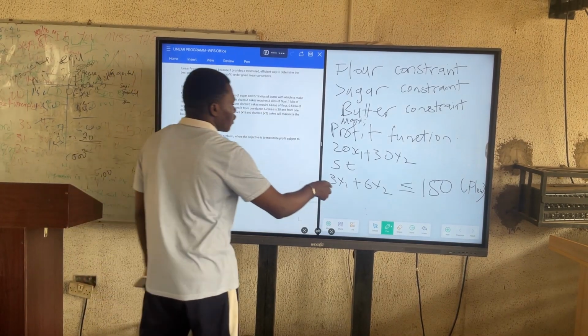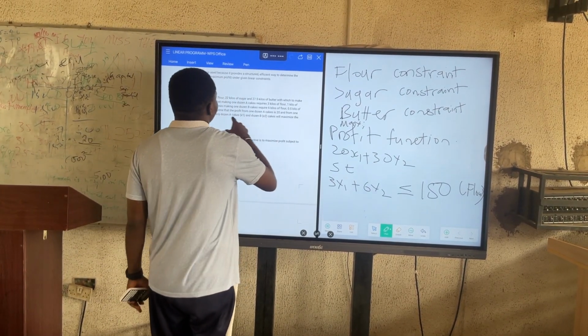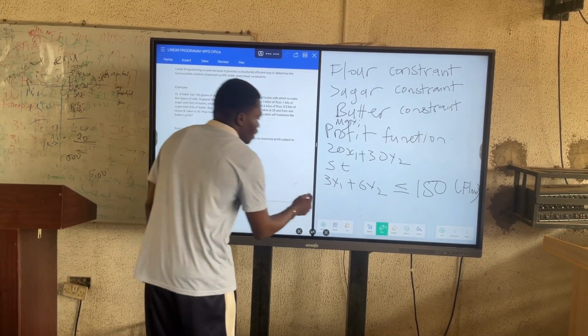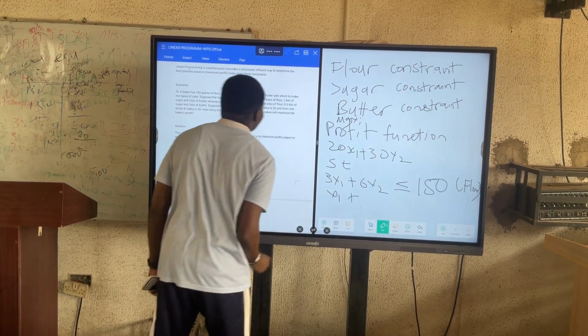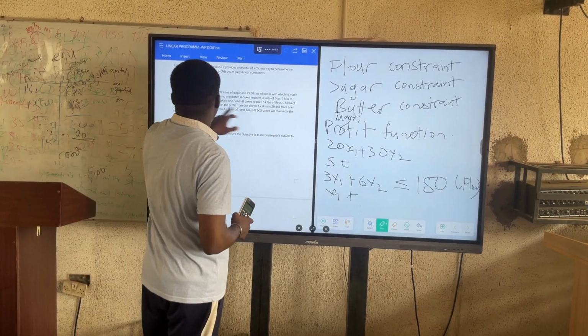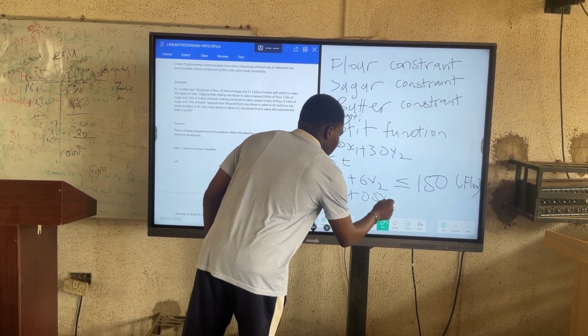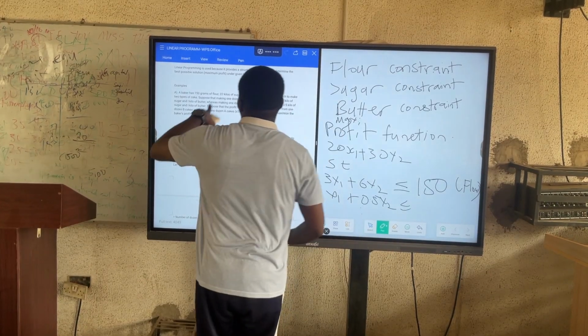So for the sugar constraint, how many kilograms of sugar does an A cake have? 1. x1 plus 0.5x2 less than or equal to 22.